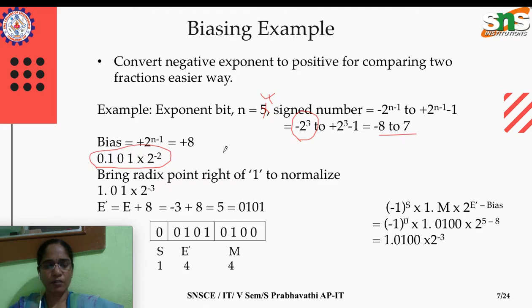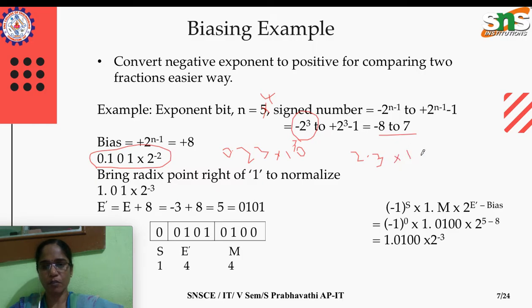So I will take you with a simple example in the decimal system. If we have a number like 0.23 into 10 power 3, how to bring this 2 to the left of the decimal, meaning 2.3, is it not? 2.3 into, now the exponent will be changed, is it not?